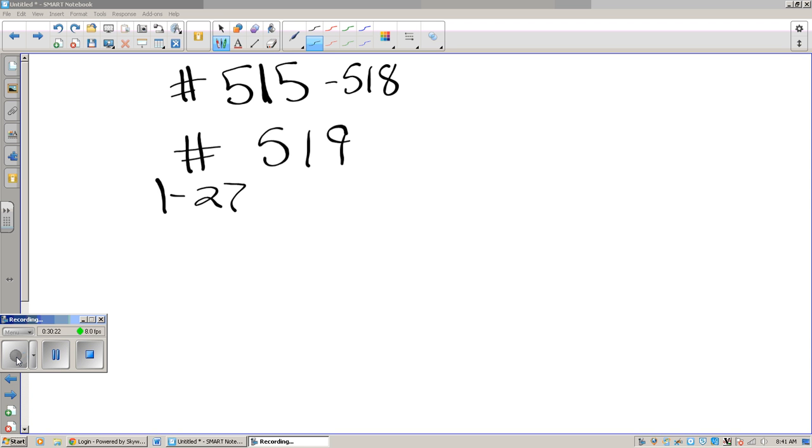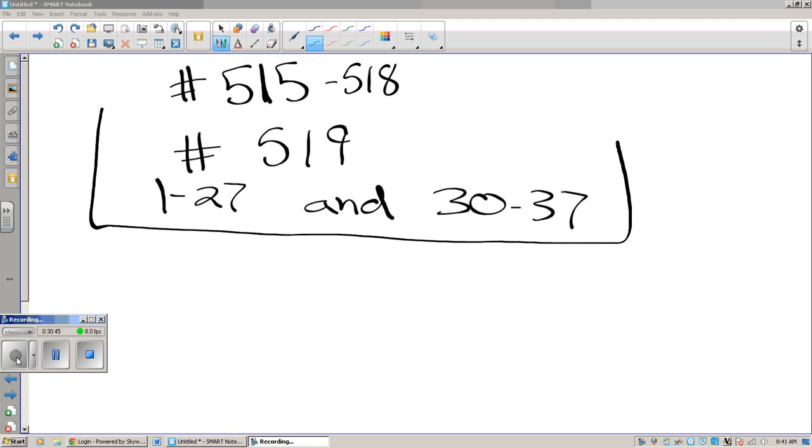And what were the last ones I said? 30 through 37. I'm not making you do anything, but if you want questions like the ones you could encounter on your test, those are the ones on 519. And I'll have the answers for you in just a second. I wish I could scan it in, but this will make sure I remember.